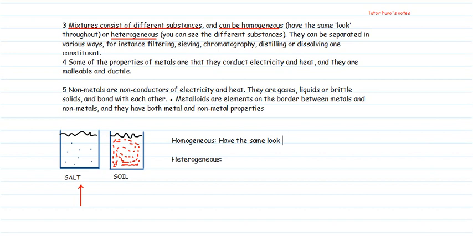I can make an example with vinegar, or any substance that you pour inside the water, you won't see the difference, I won't be able to tell. So that substance, we call it homogeneous.